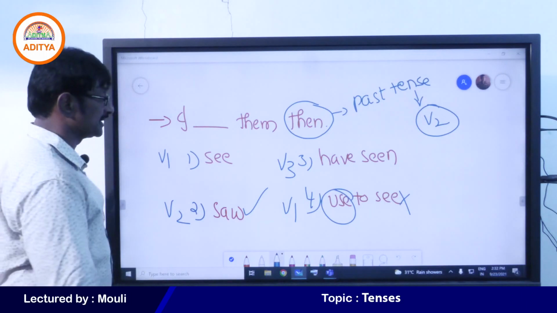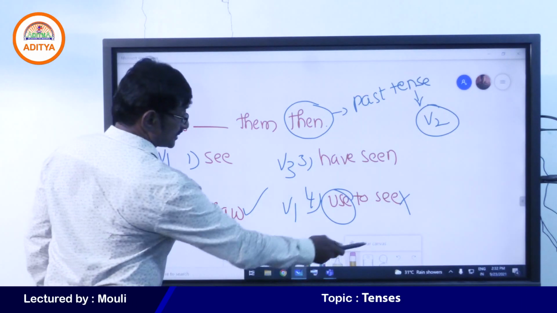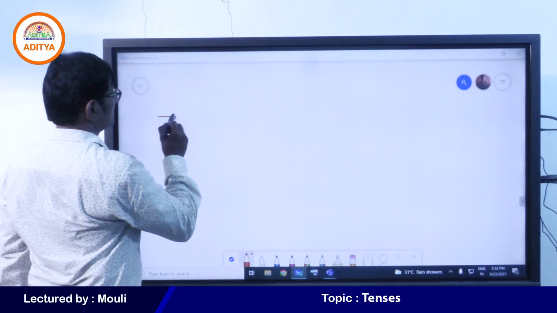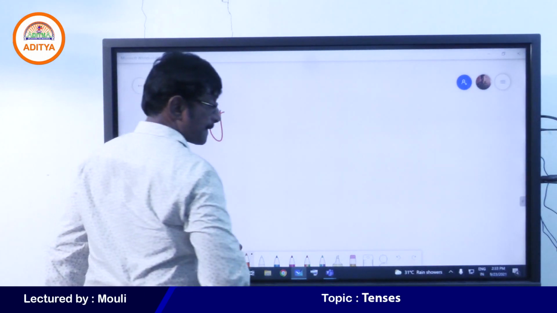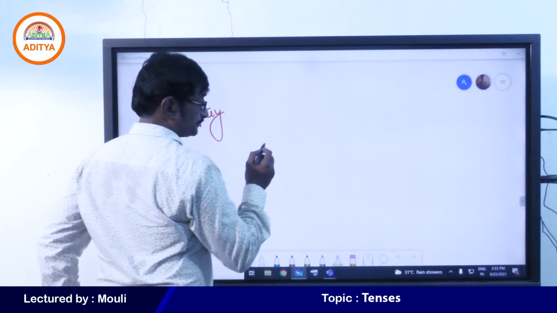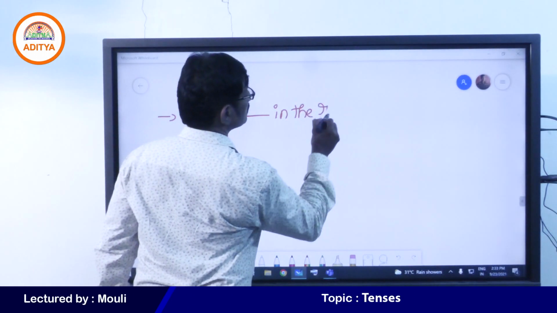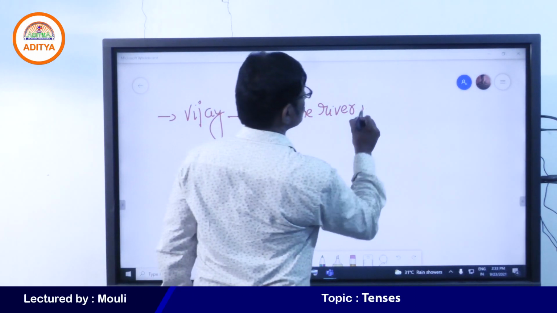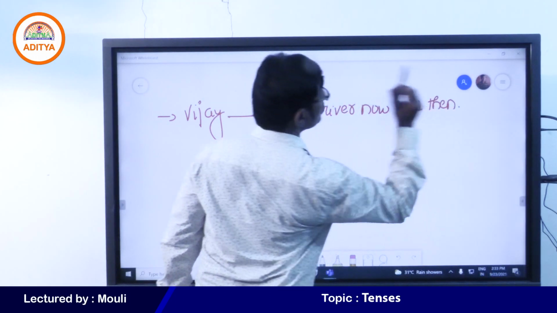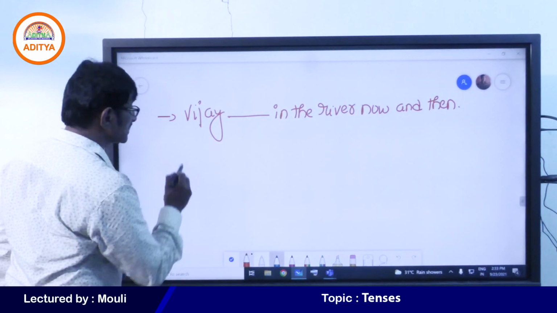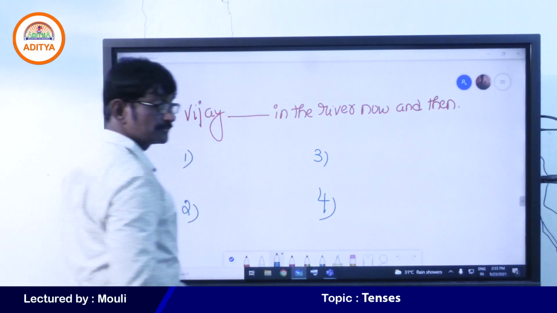Okay students, the next one is like this. You take now. Vijay dash in the river, now and then. So what is the answer for this one? 1, 2, 3, 4.